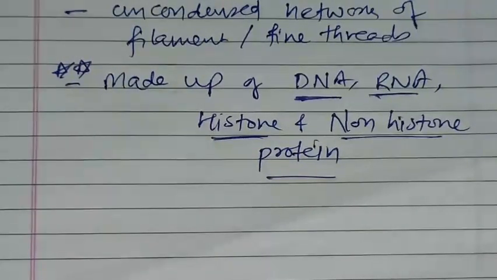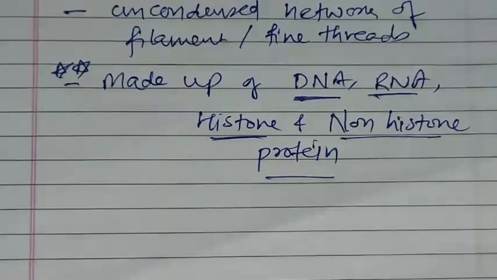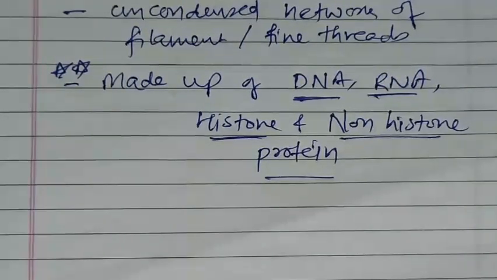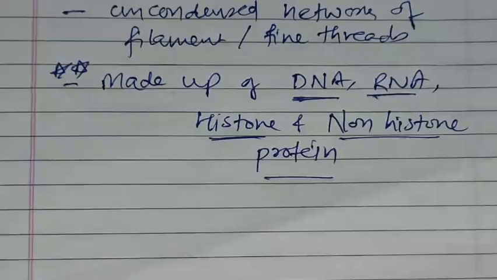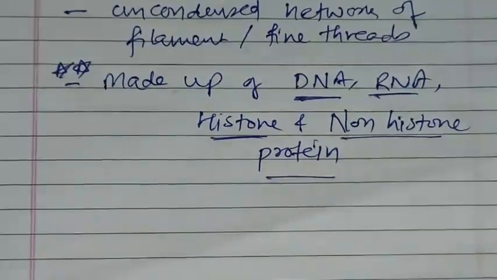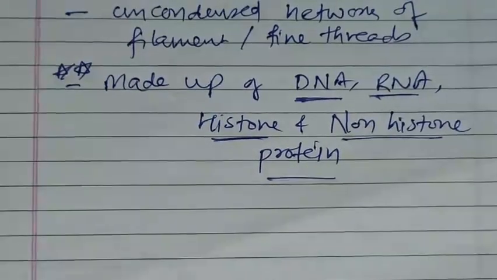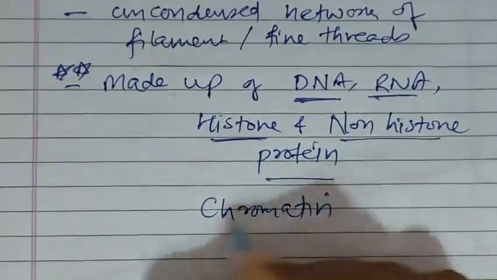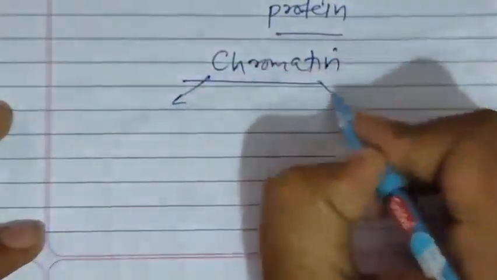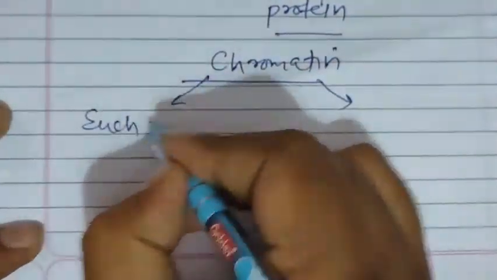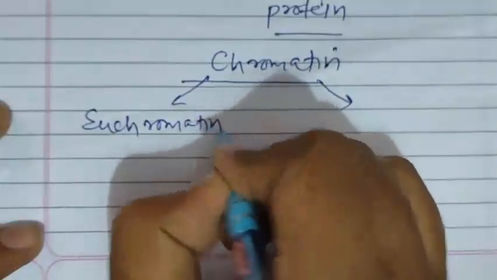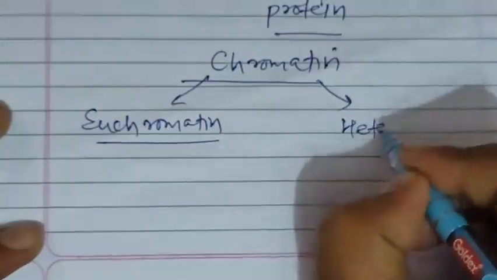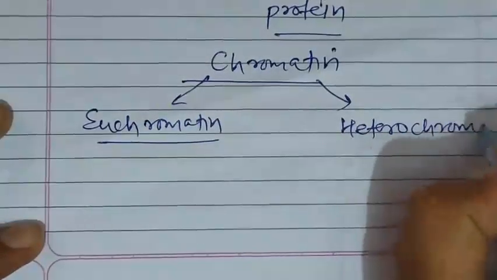Now this chromatin gets condensed and differentiated into two regions. So chromatin is of two types, that is euchromatin and heterochromatin.